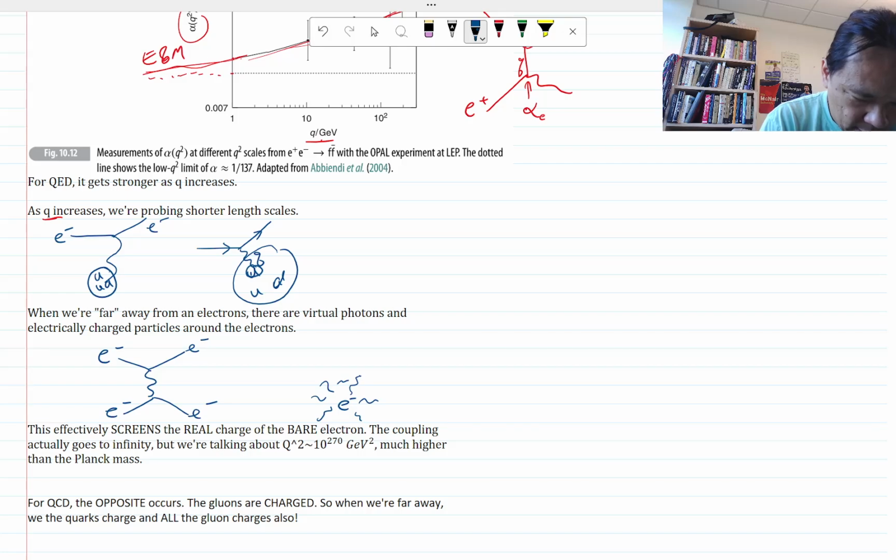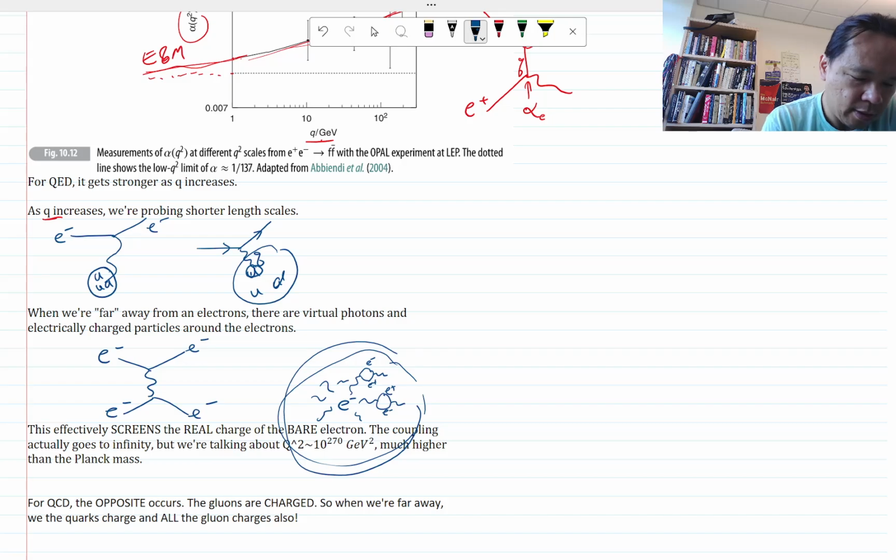These virtual photons can create electron-positron pairs as they're floating around. Effectively, when you're far away from this electron, these virtual particles partly shield the actual charge of the electron.